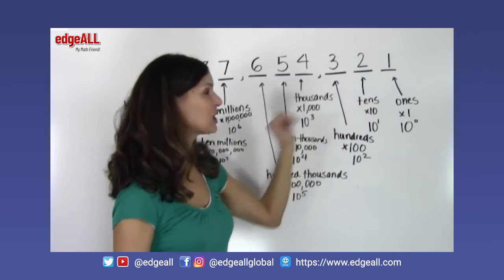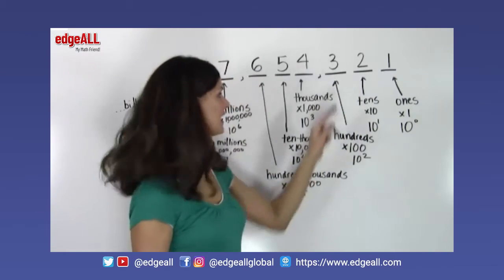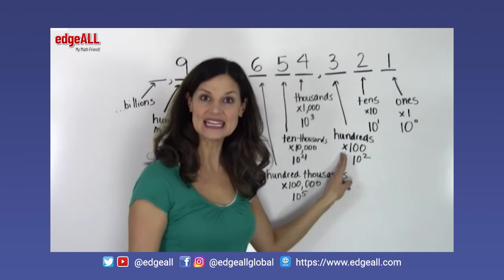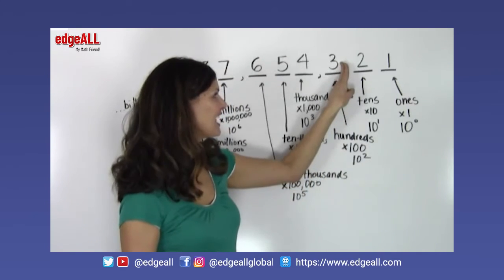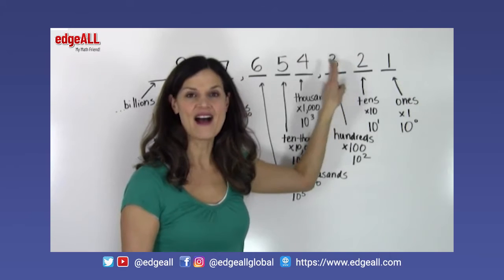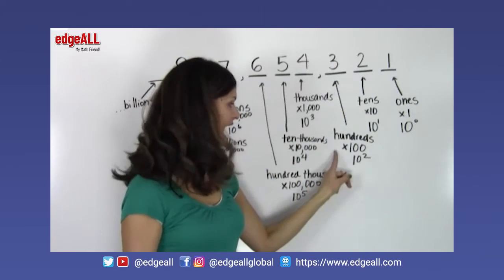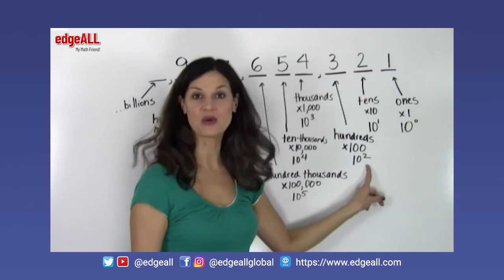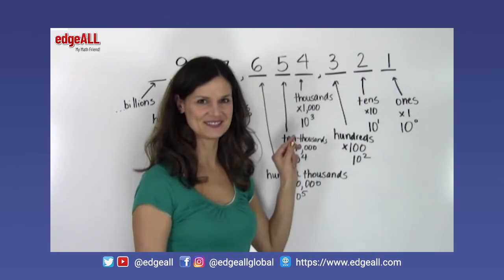Moving over to our third digit, we are in the hundreds place. Any digit in this position has a value of that digit times 100, and it's the 10 to the power 2 position.